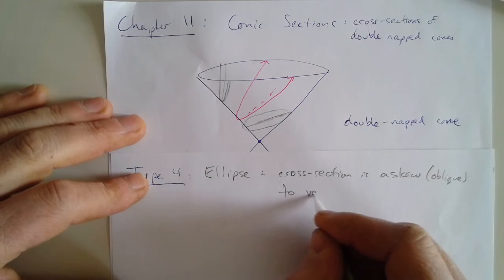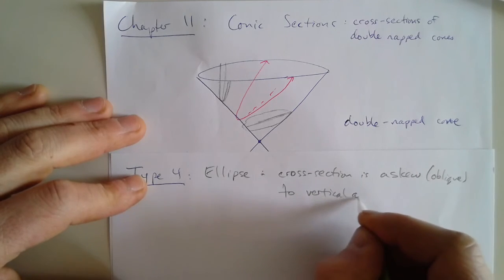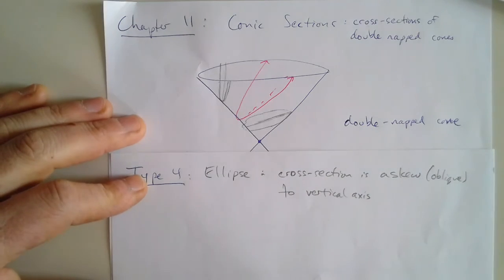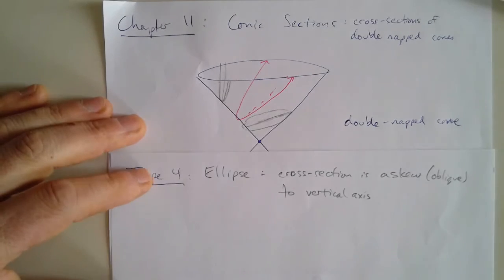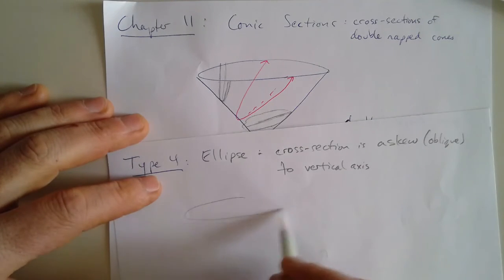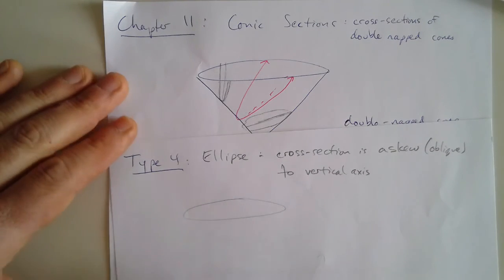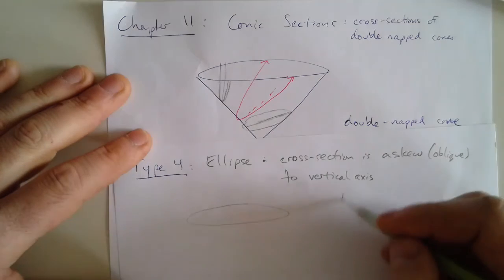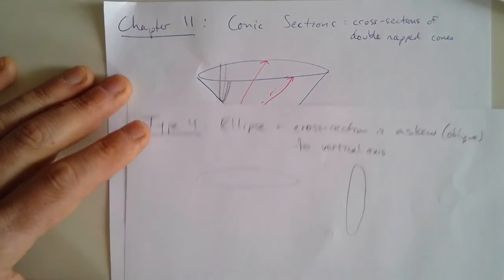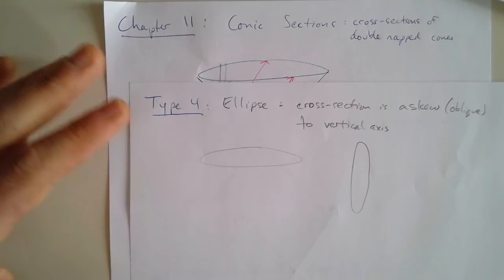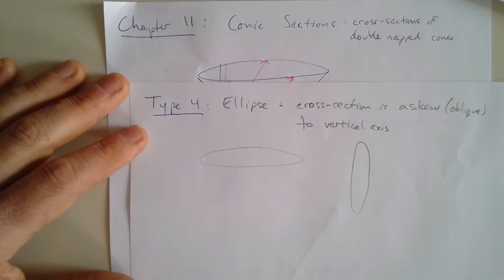It's intersecting, but it's not perpendicular, whatever you want to call it. All right, so you're going to have something that looks like this, and depending on how you were to cut it, which way that cross section goes, it could also be looking like this. Okay, it is not an oval. Oval is a little different. It's oval-like in shape, but an ellipse does have a specific set of points for ourselves.